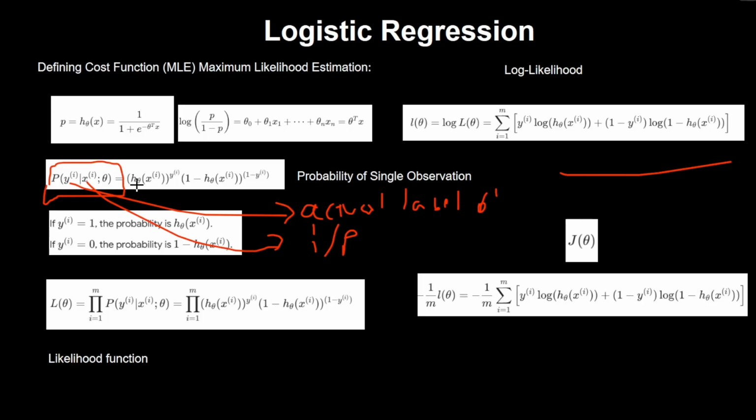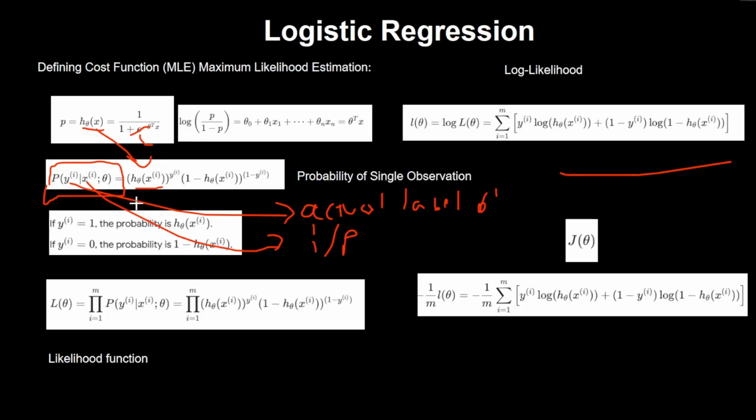On the right side, we have h theta of xi. So what is this? This is the predicted probability from the sigmoid function. Here we input the linear representation and we get the probability value for each. So that is the predicted probability which we're going to plug in here for every data.